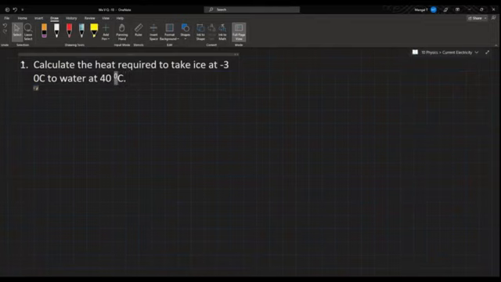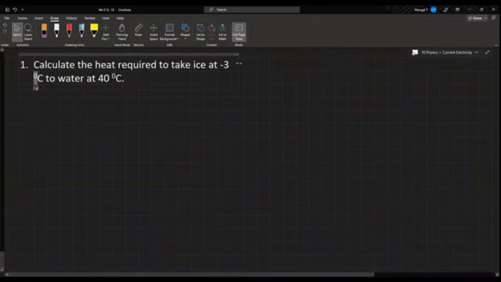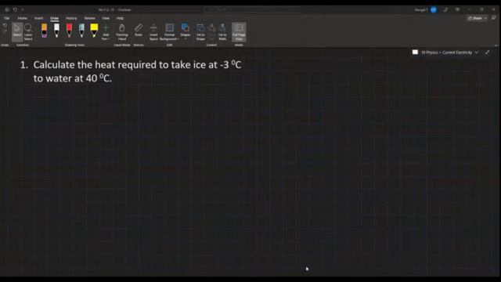Calculate the heat required to do that. How many of you know this? Can you just show your thumbs up or something? Okay. Three people know it.